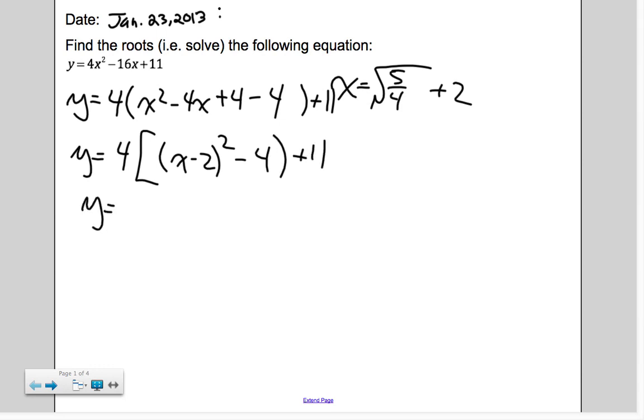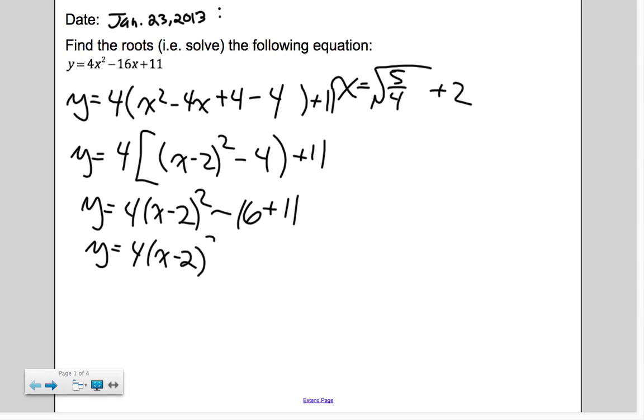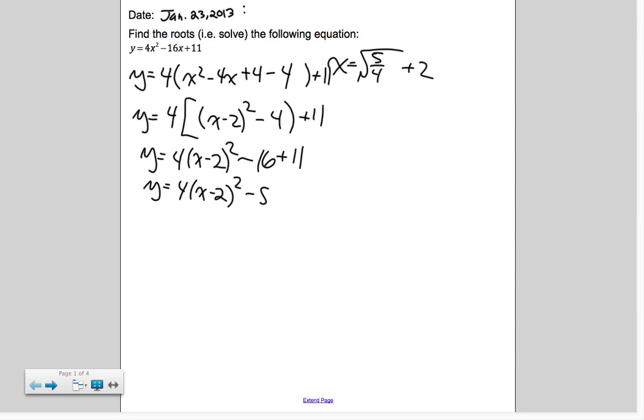So 4 times negative 4 is negative 16, plus 11. So y is equal to 4(x minus 2) squared minus 5. That's my equation. Now I want to solve for it by setting y to 0.